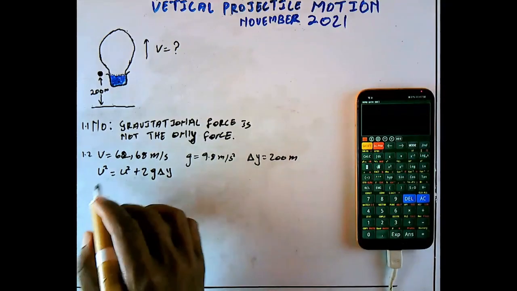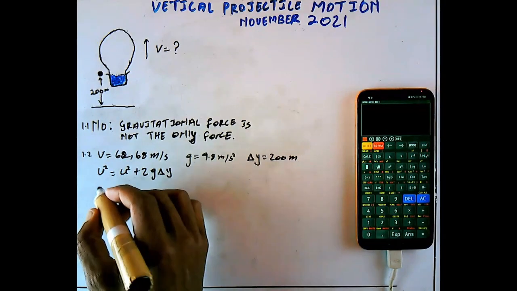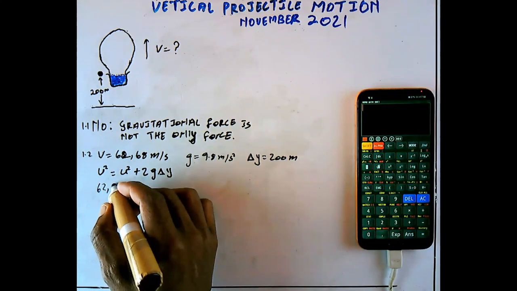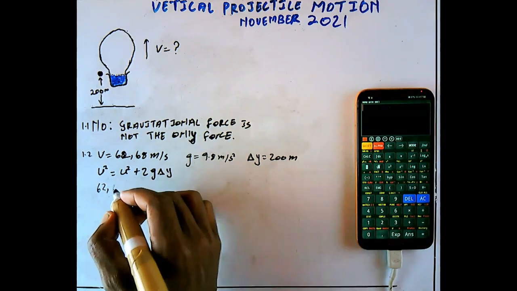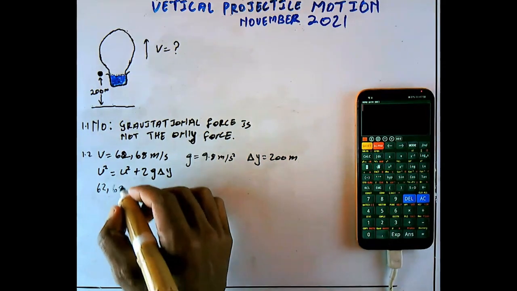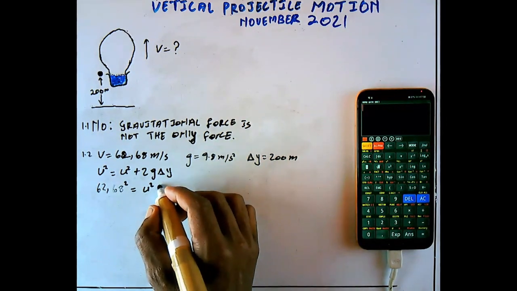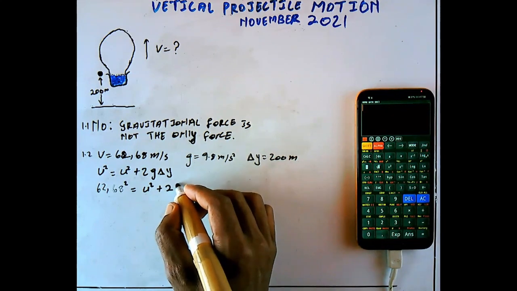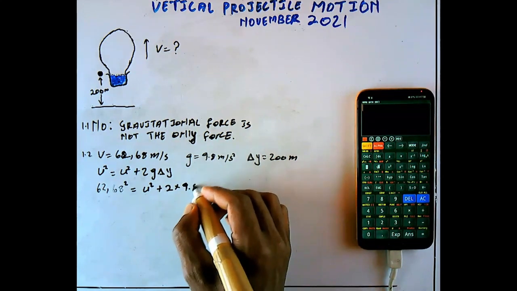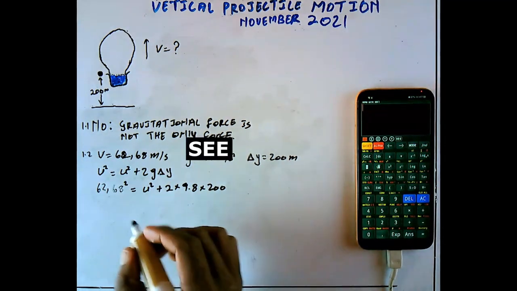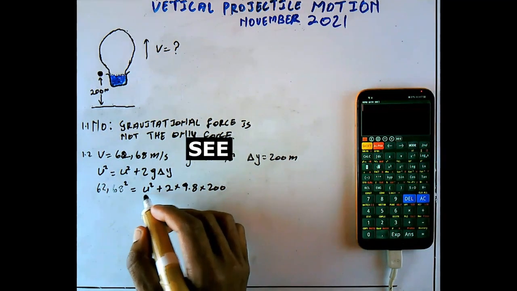So let's substitute. v squared is 62.68 squared equals u squared, which is what we are looking for, plus 2 times 9.8 times 200. Then you have to make u squared the subject of the formula.